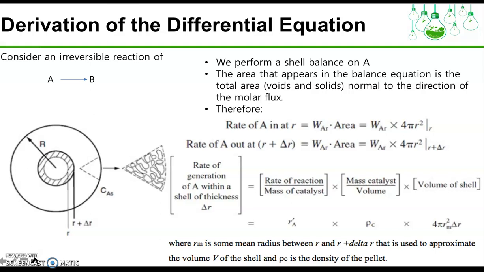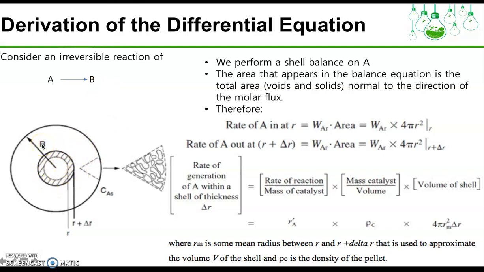In order to describe diffusion and reaction in porous catalyst, we will perform a shell balance on reactant A. Consider an irreversible reaction of A to B, and perform the shell balance on this part.